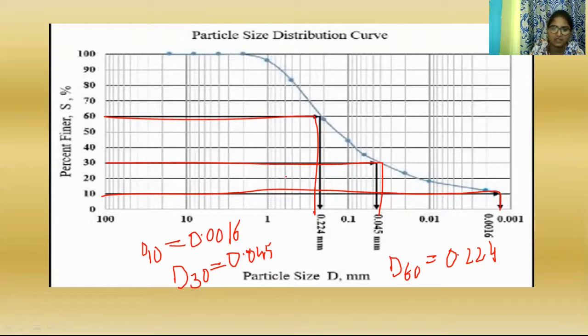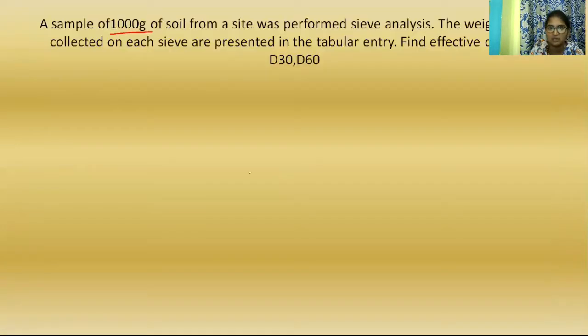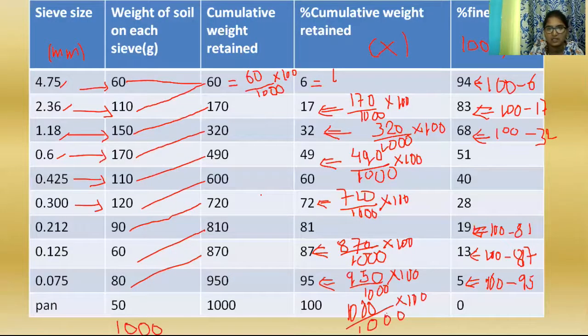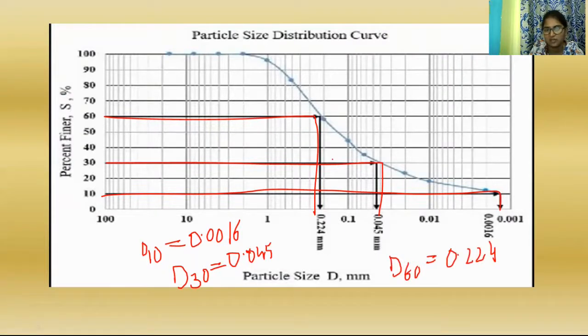So we can find the coefficient of curvature and coefficient of uniformity, Cc and Cu, from this graph. We can also tell whether the soil is well-graded or poorly graded from this graph.